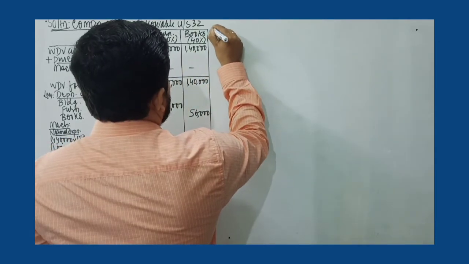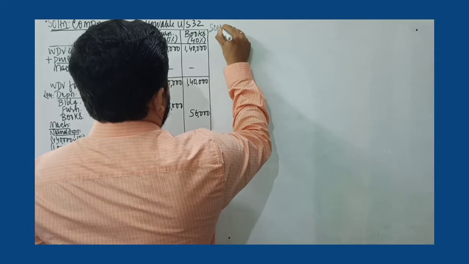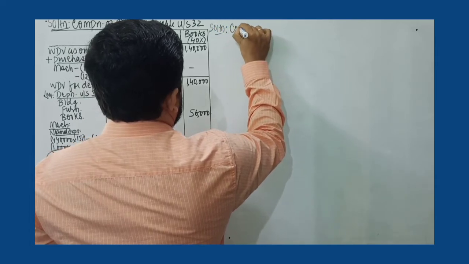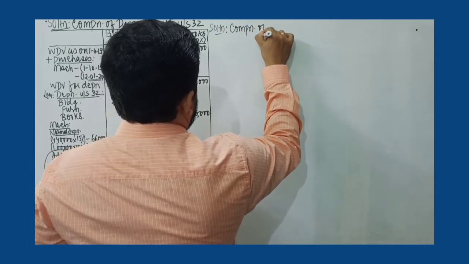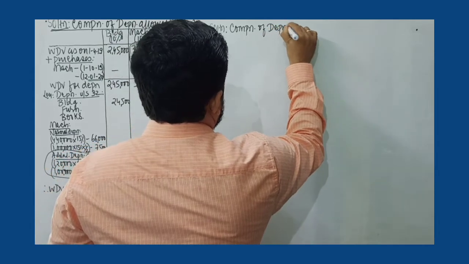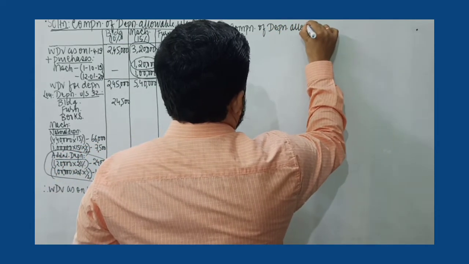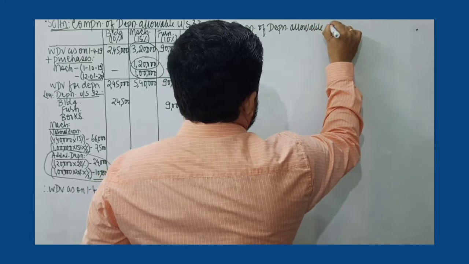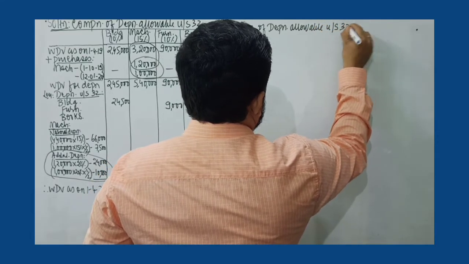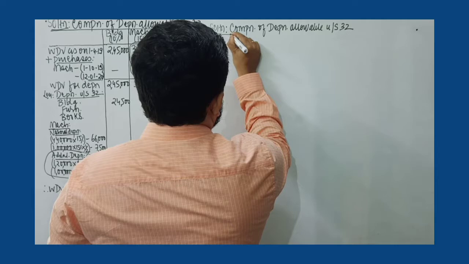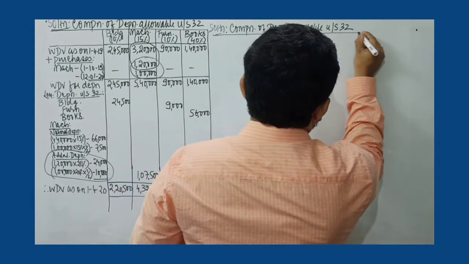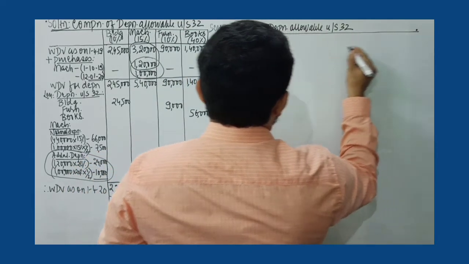So I record the solution. I write computation of depreciation allowable under section 32. So there are 6 blocks of assets. So we will have to prepare 6 amount columns.